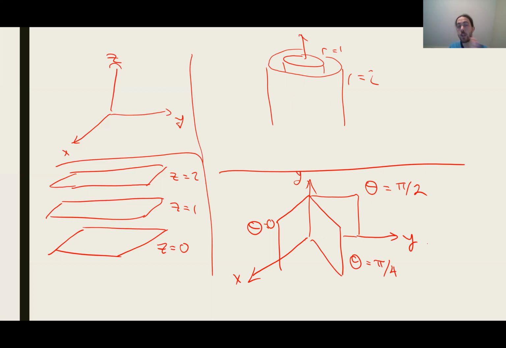And so as you change theta, you kind of get this sweeping sequence of sheets that live over top of the radial lines that we usually have from polar coordinates. So that's what these three quantities in cylindrical coordinates tell you.